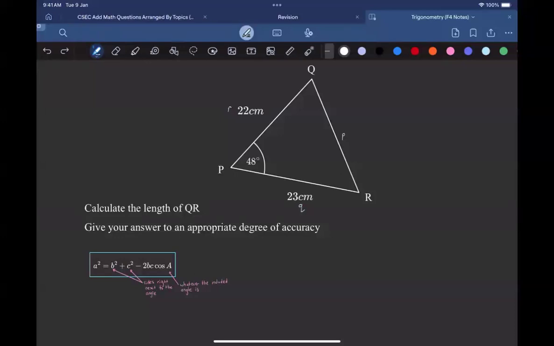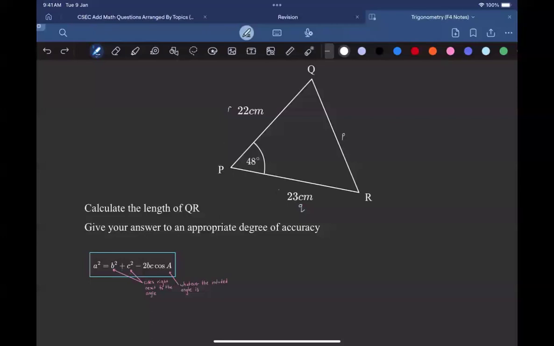Q and R, in terms of the small letters: small r and small q. I'm going to replace the B and the C with those two.